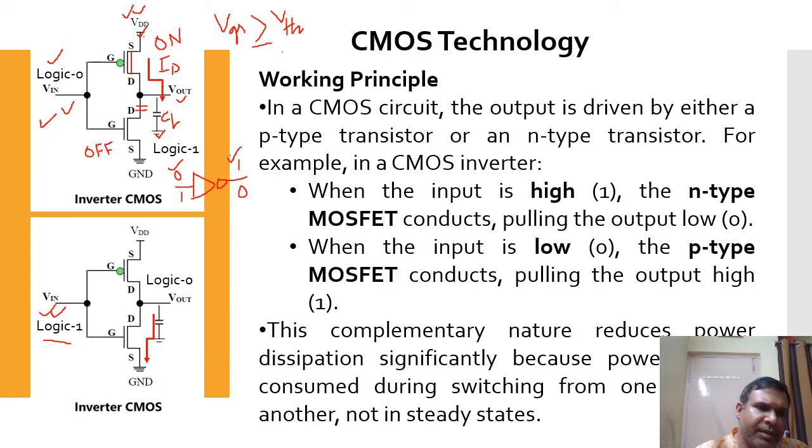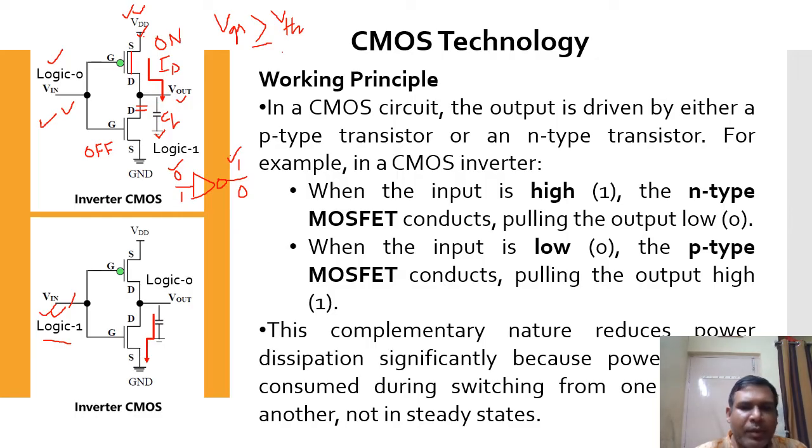Now the same condition: when we apply a high positive voltage at the gate terminal of both transistors, the p-type MOSFET will, due to the presence of positive voltage at the metal plate of the gate terminal, attract the minority charge carriers.